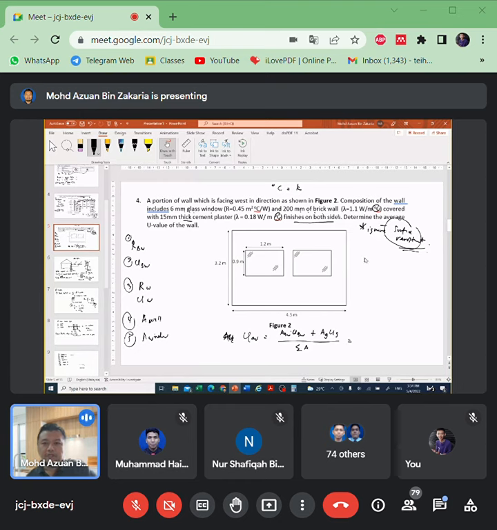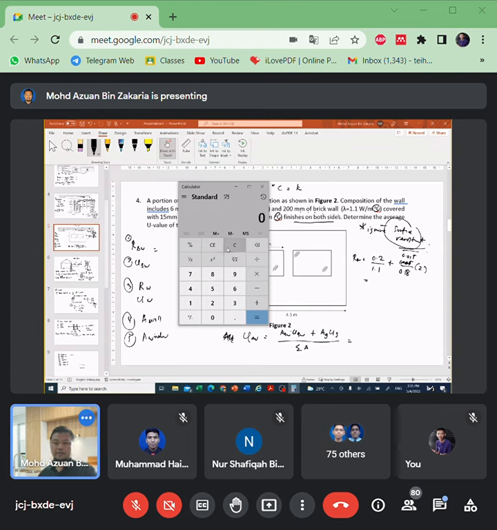So we have R brick wall, which is 0.2 divided by 1.1, plus 0.015 divided by 0.18, times 2.